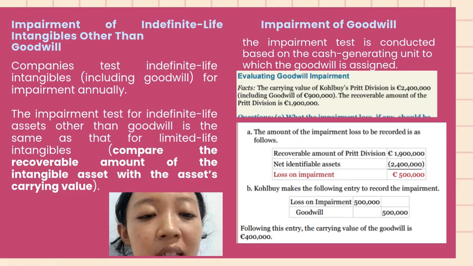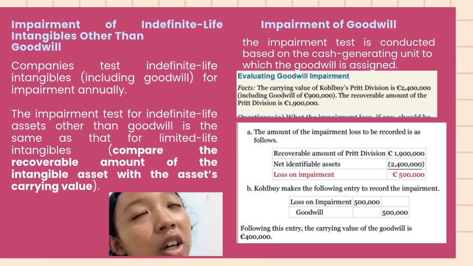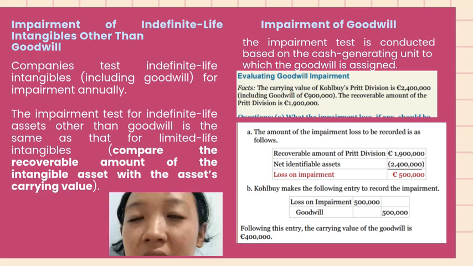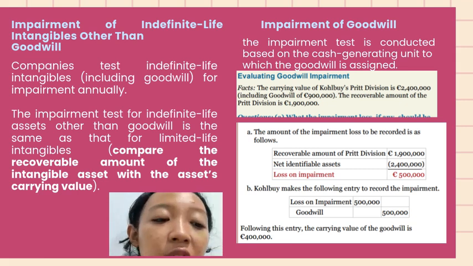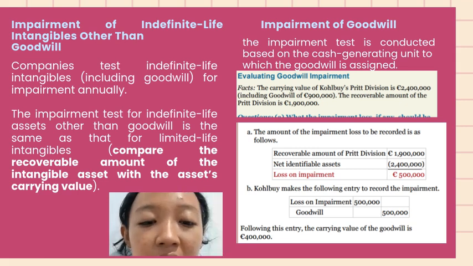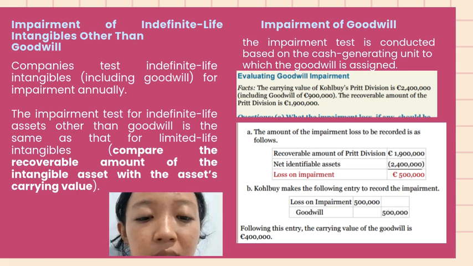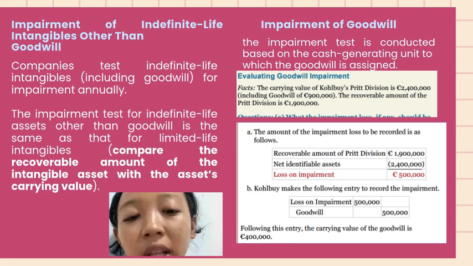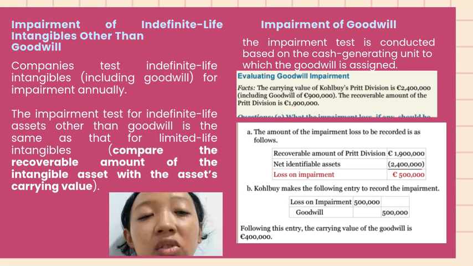The loss itself is going to be done in the goodwill account. So if we journalize it, loss on impairment will be on the debit with the amount 500,000. Meanwhile, on the credit side, we have the goodwill account with the amount 500,000.